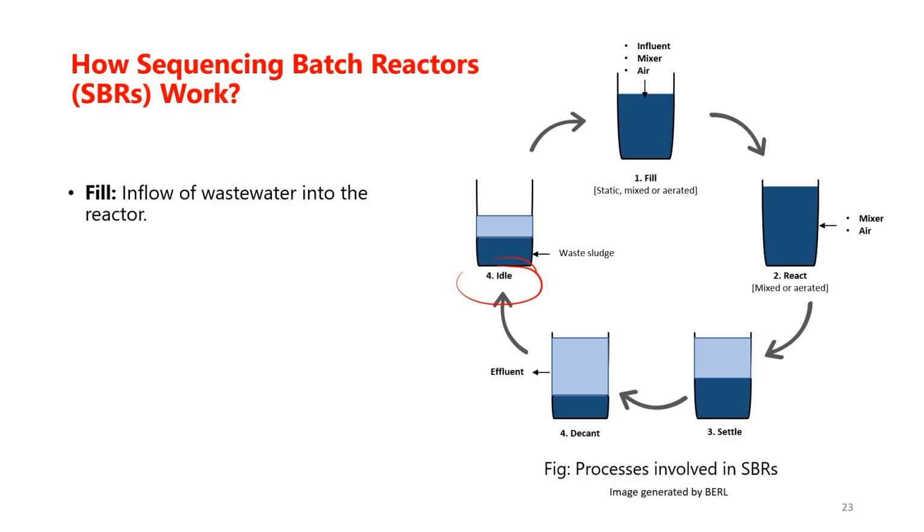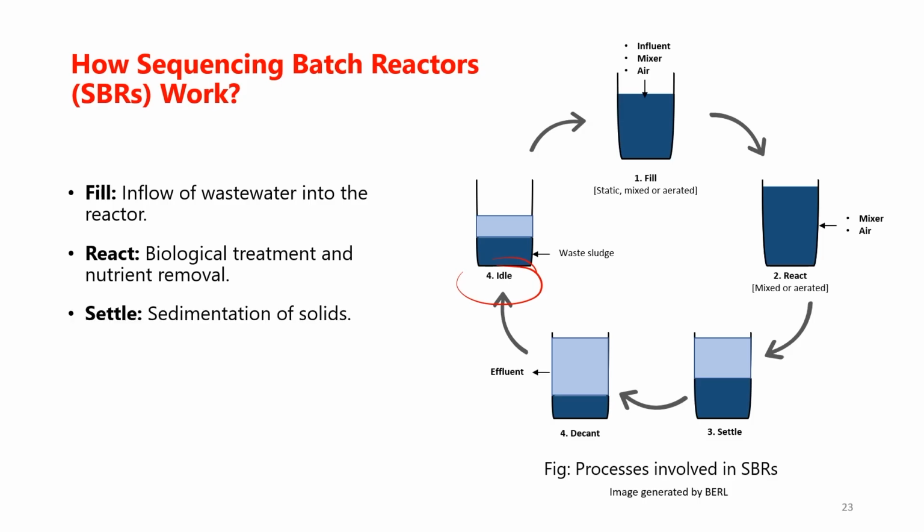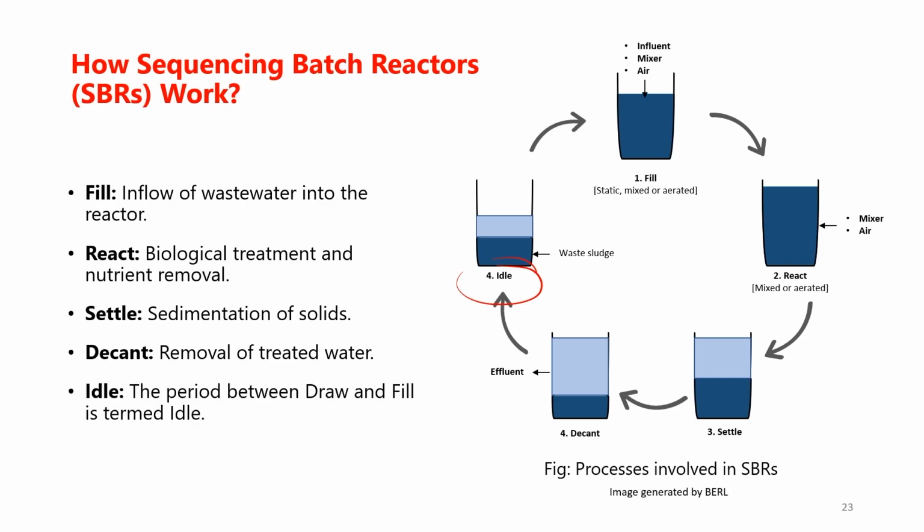So, the first step is the filling step, in which wastewater flows into the reactor. Then in the next process, there is biological treatment and nutrient removal, and settling or sedimentation of the solids takes place, and by decanting we remove the treated water, and the idling period is the time interval between draw and fill.